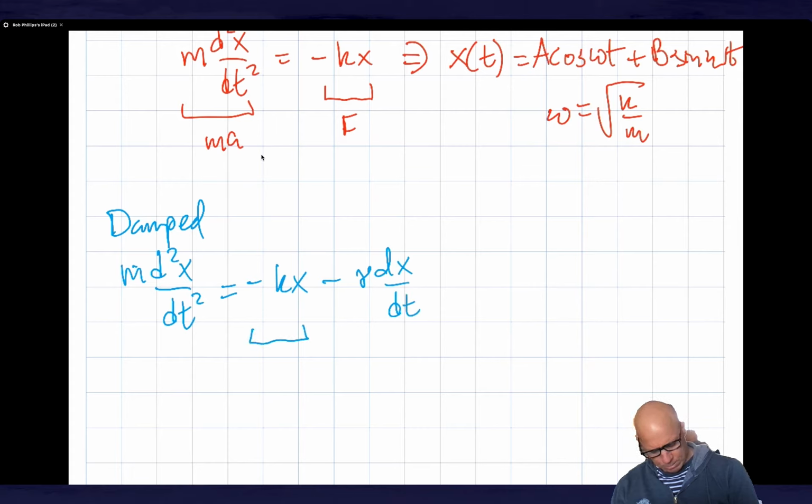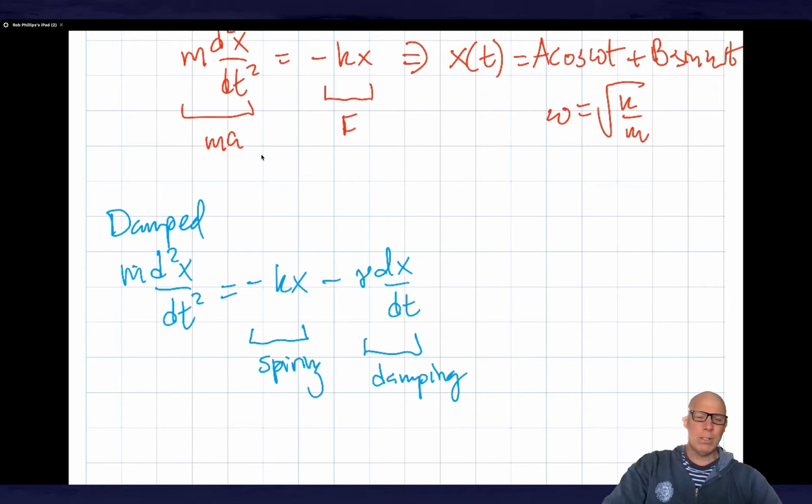So this is the spring, and this part is the damping. That's the dashpot. Notice that it's proportional to the velocity, not to the position. And it's negative in the sense that if the velocity is positive, if it's moving in the right-hand direction, the force is in the negative direction. If it's moving in the negative x direction, so dx/dt is negative, it'll be pushing in the plus direction.